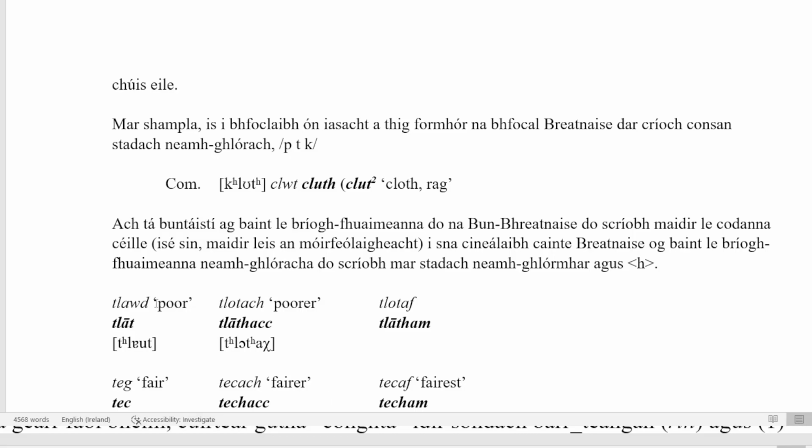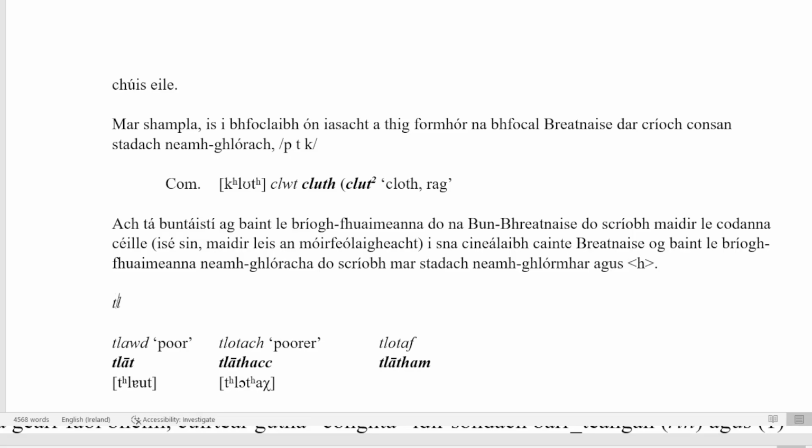So there are particular advantages to spelling like this. For example, the word for poor, tlawd, from the Proto-Celtic tlaw, where we get the Irish word from.